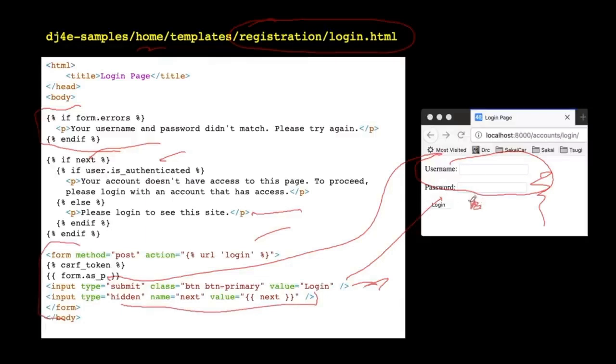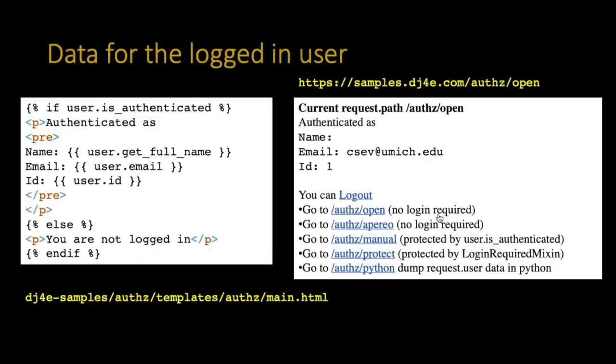And if you were to view source, you would see that. After you submit this form, it needs to know where we're going to go next. So if you're successfully logged in, it's going to log you in, say yay, and then redirect to whatever that next value is. It's going to give us the next value inside this template, but we have to give it back to the view when we post back into the view.